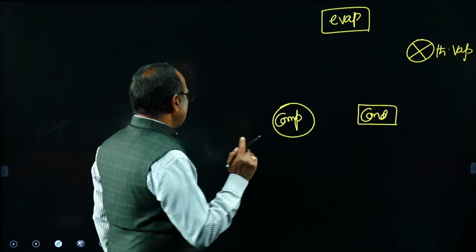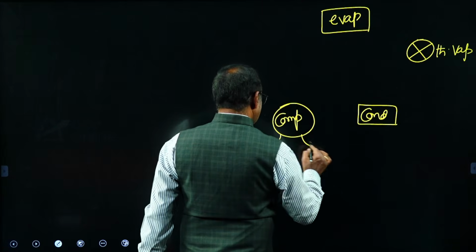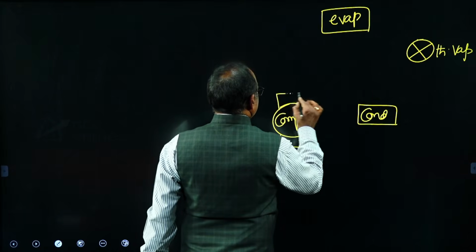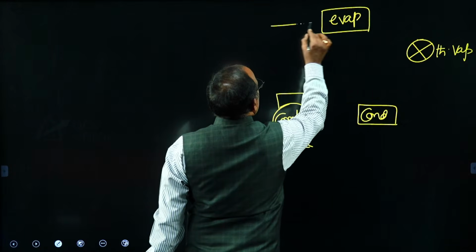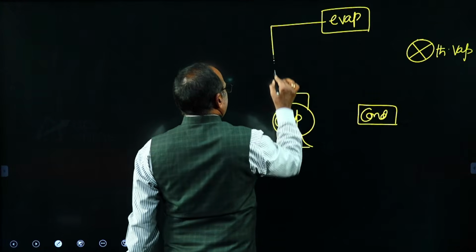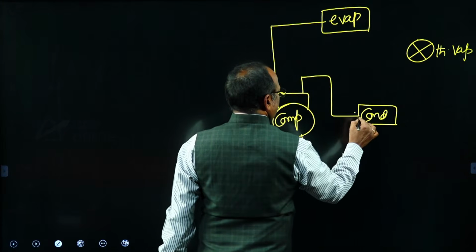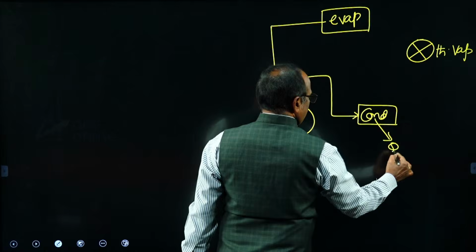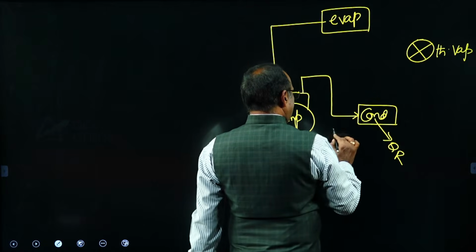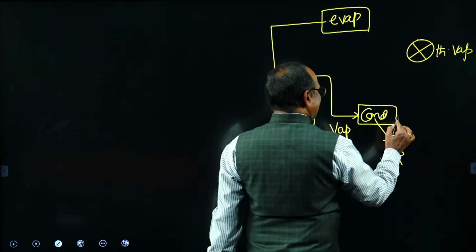Let me complete the cycle first, right? This is the compressor. The vapor coming out of the evaporator enters the compressor. Because of the compression, pressure increases, then it enters the condenser where the heat is rejected. Then the vapor becomes liquid.